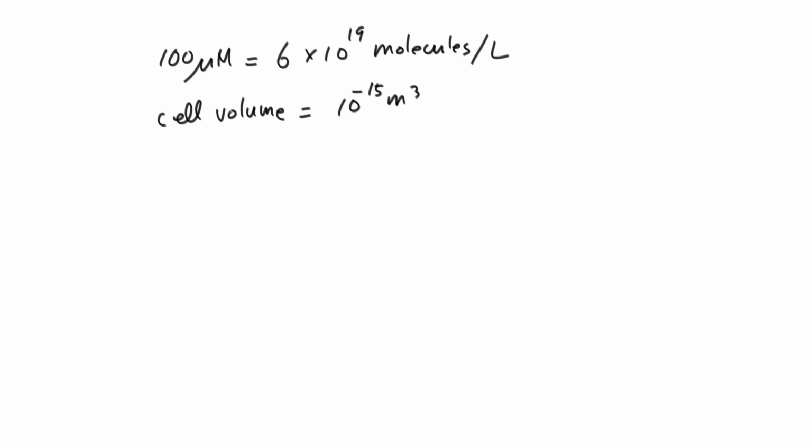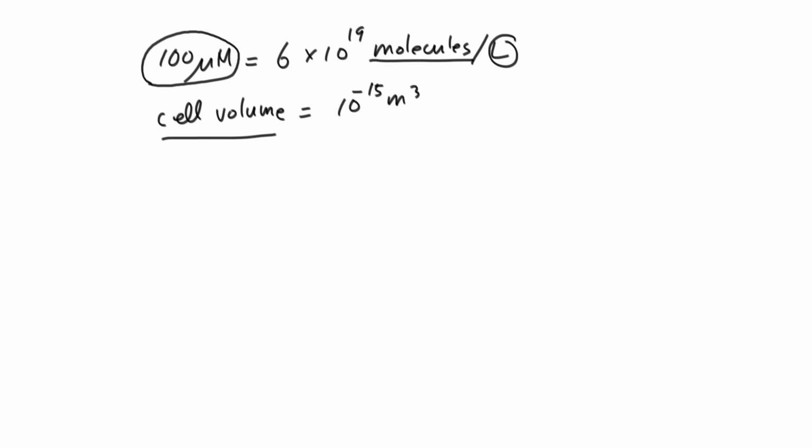So far we have 100 micromolar equals 6 times 10 to the power of 19 molecules per liter. And 1 cell volume is equal to 10 to the power of negative 15 cubic meter. Now the goal is to represent this concentration in terms of molecules and not liter, but cell volume.